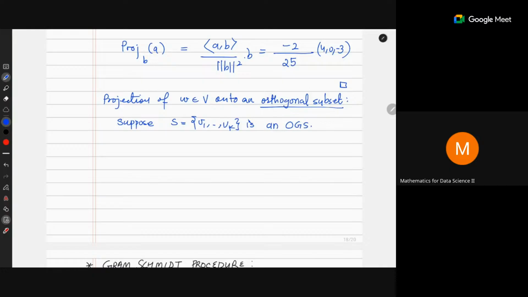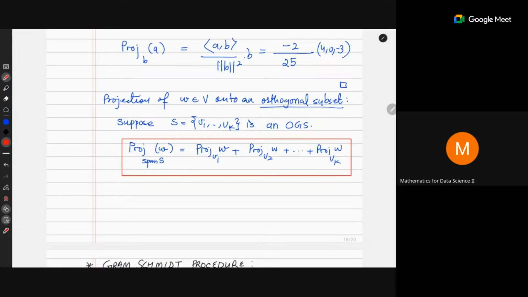Now look at the span of this. The projection of your vector W onto the span of S is defined as the sum of the projections on each of the vectors: projection on V1, plus projection on V2, and so on up to projection of W on Vk.